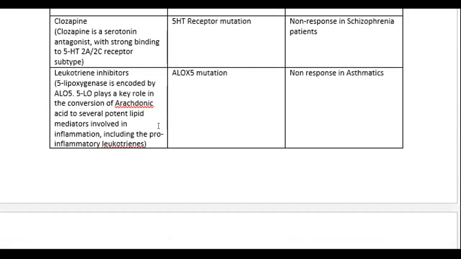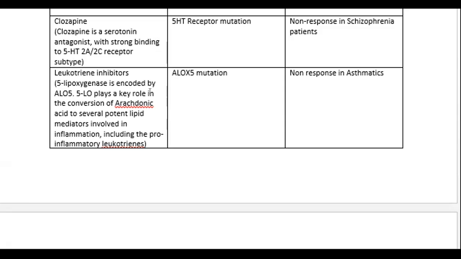So we know that in asthma there is a production of the leukotrienes. How are these being produced? They are being produced from the arachidonic acid, which is being mediated by the 5 lipoxygenase.